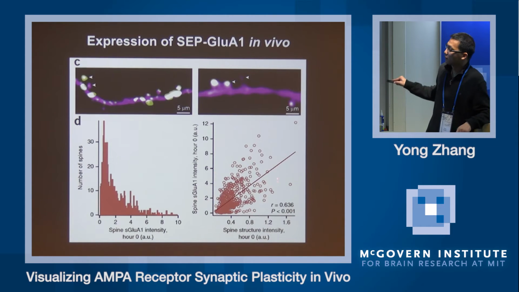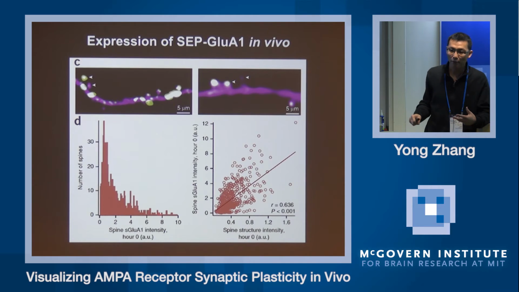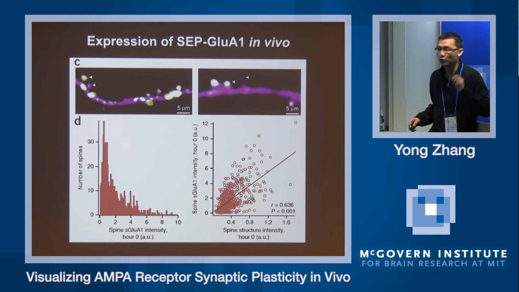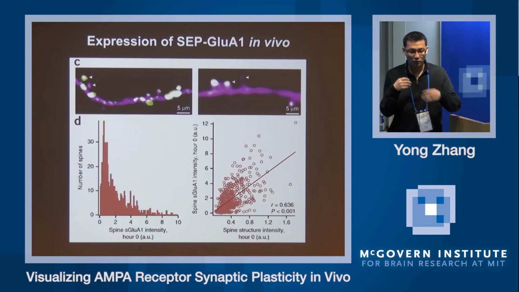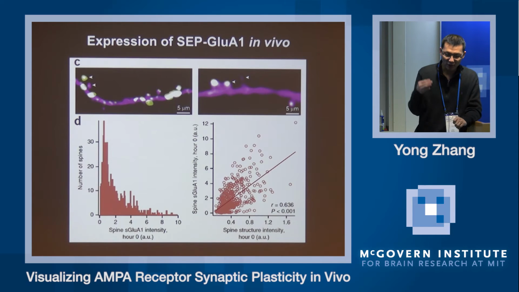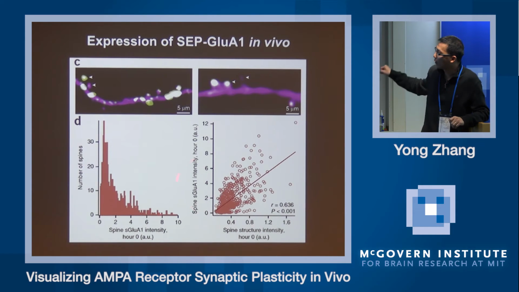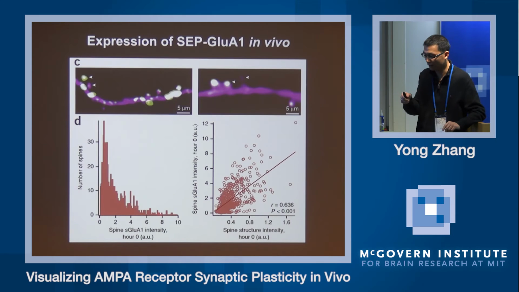So indeed, previous studies have been using the size of the spine as an estimate of how much AMPA receptor is on the spine surface. Basically, our study repeats their finding and is consistent with their assumption. While I'll tell you a little bit later, in terms of changes in those two, there are differences in our study.